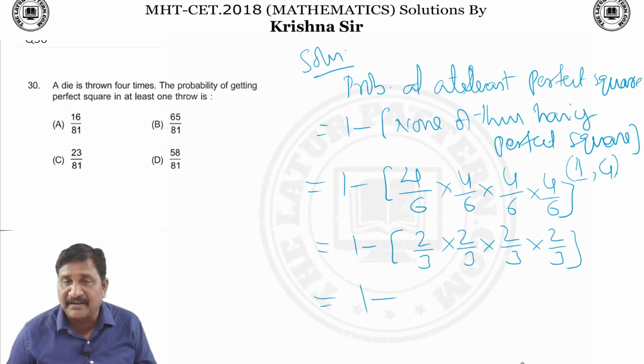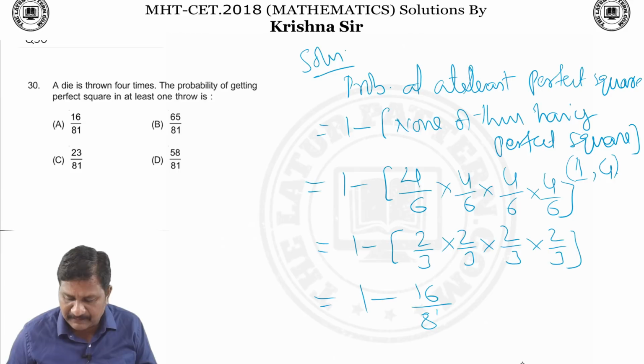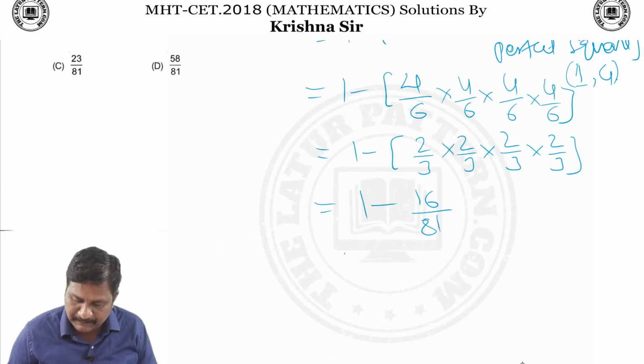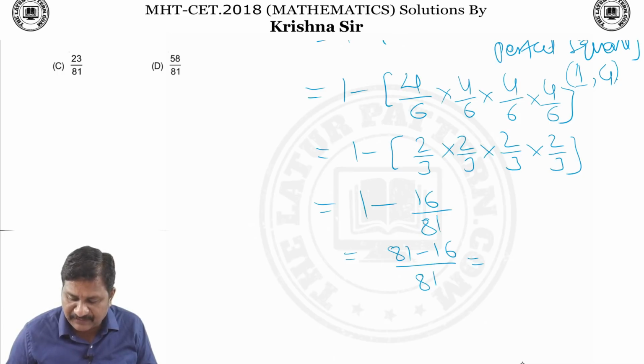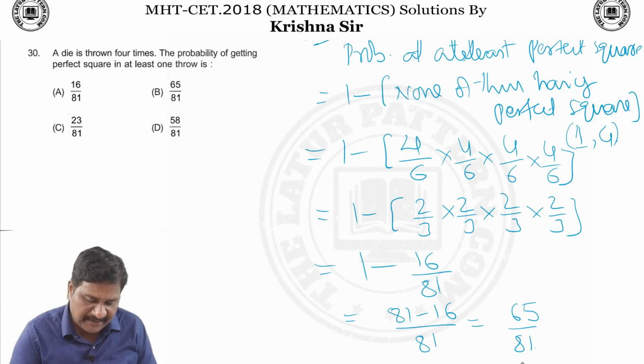So 1 minus, you multiply: 2 multiplied 4 times gives 16, and 3 multiplied 4 times gives 81. Now we simplify, 81 minus 16 upon 81, and after simplifying we get 65 upon 81. So the option is B.